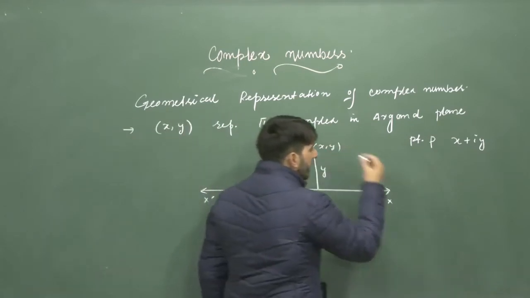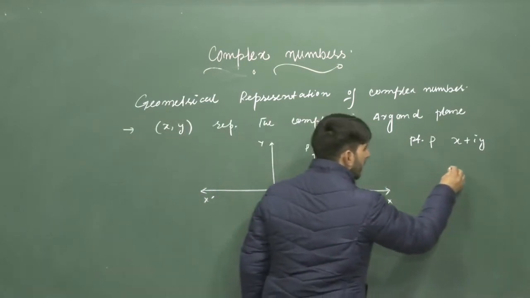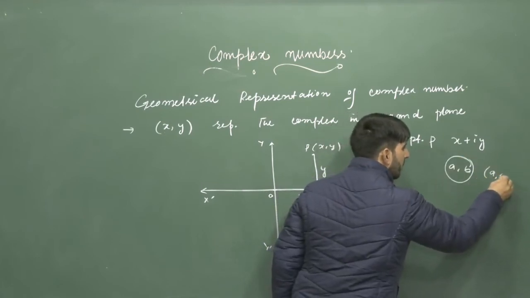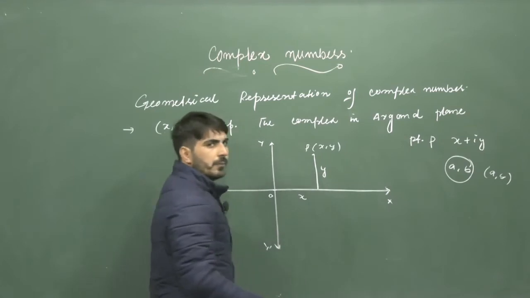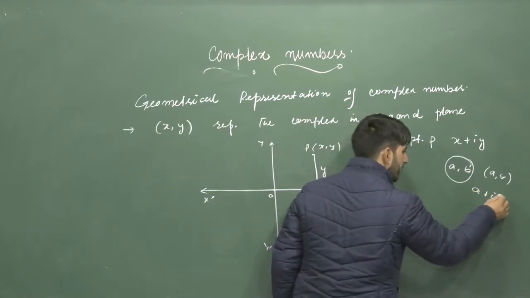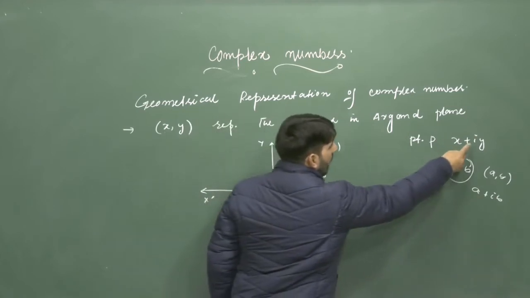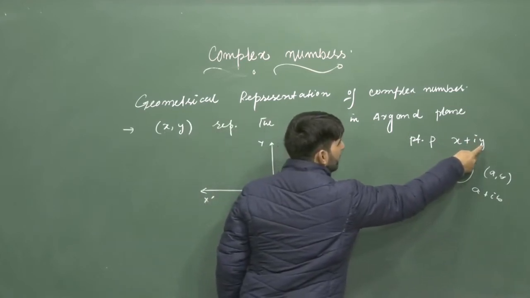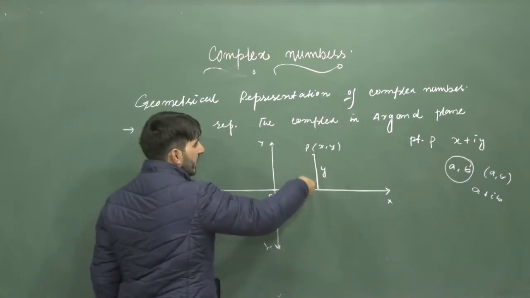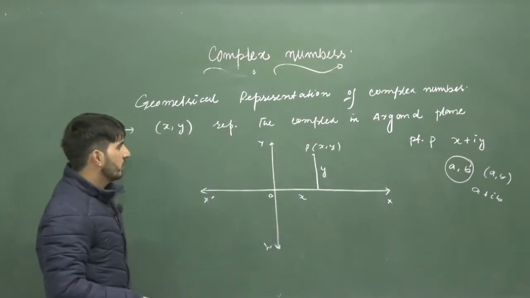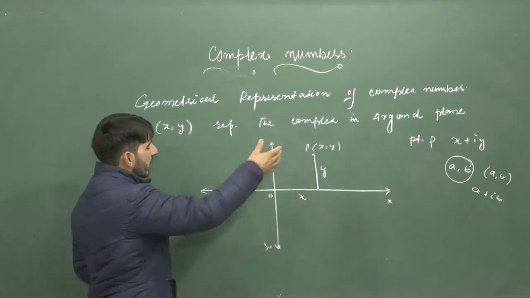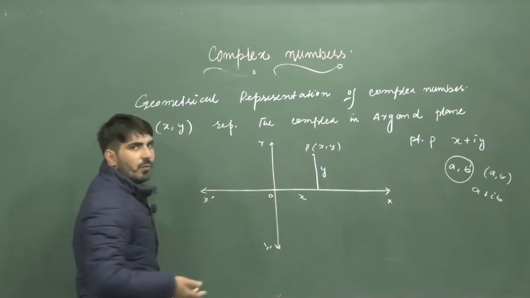In the same way, (a, b) in the Argand plane represents a complex number a plus ib. Here, iota y is the imaginary number, so imaginary numbers are taken along the y-axis.